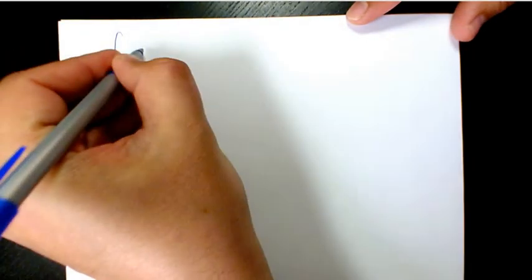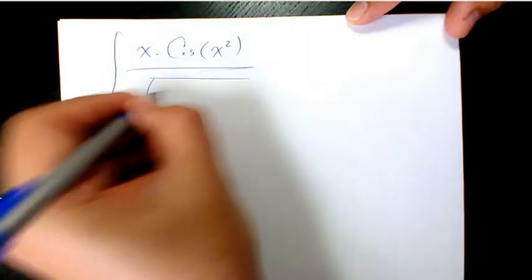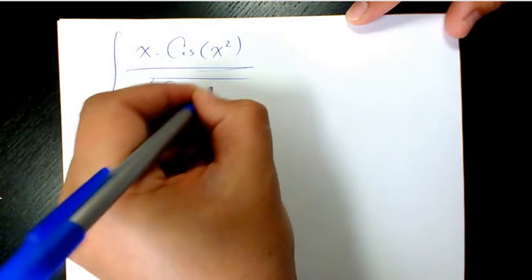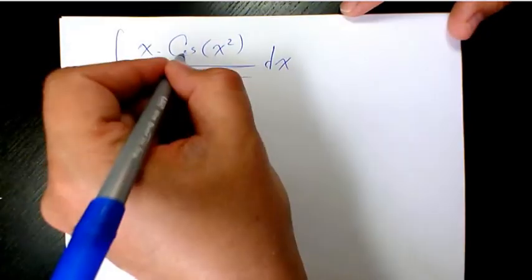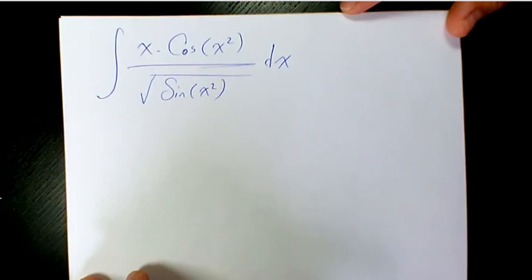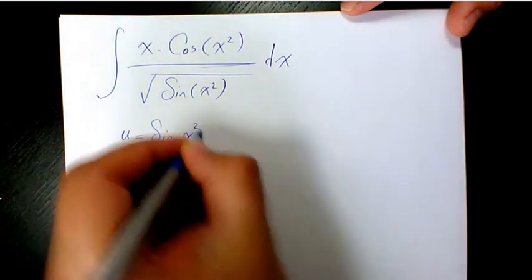Next example. x times cosine x squared over square root of sine x squared dx. In this example, I'm going to consider u as sine x squared.